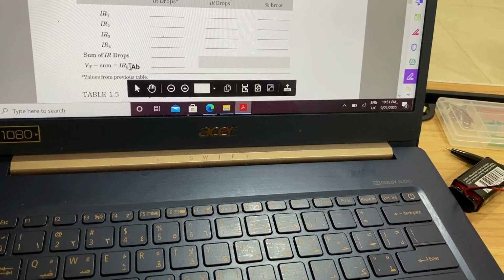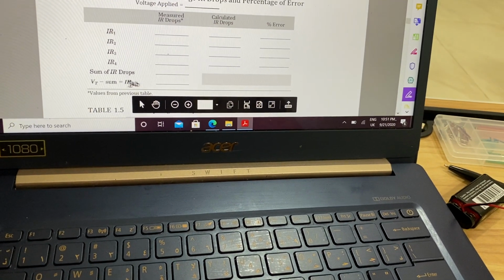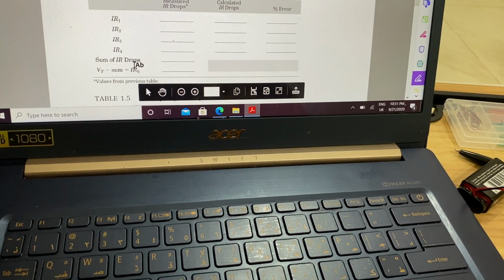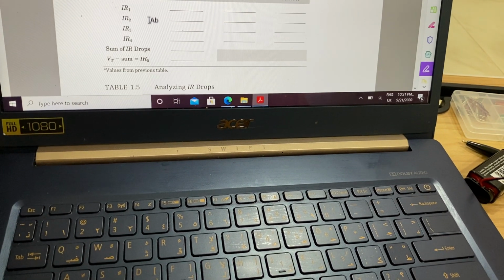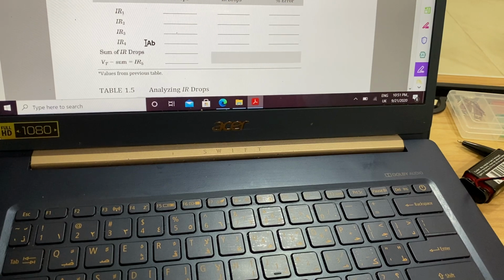Okay, so we haven't measured the voltage drop of the last resistor, we just measured the first four resistors' voltage drops.